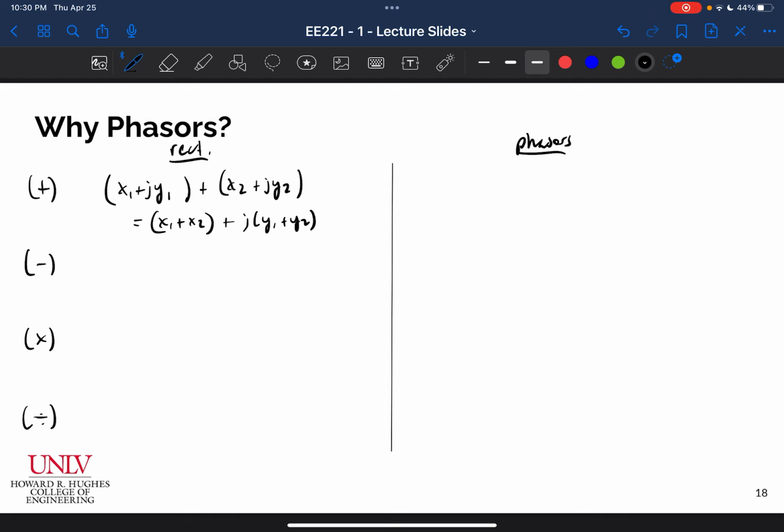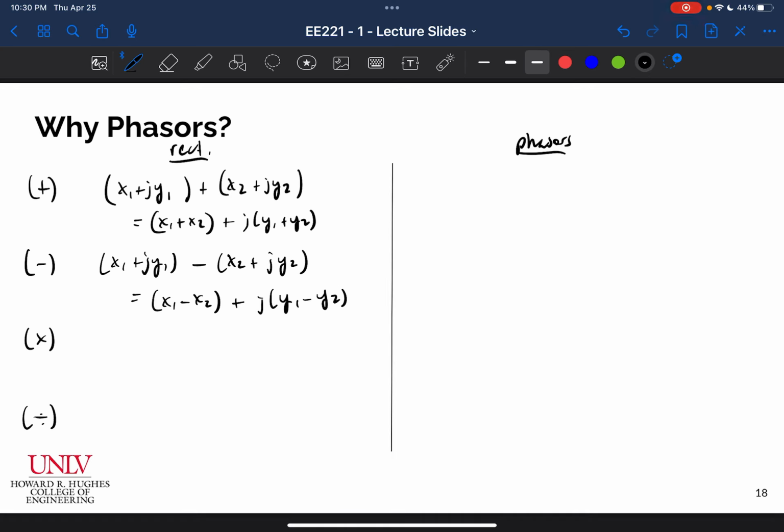Phasors are not super easy to add in phasor form, but they are super easy to add in rectangular form. Same with subtraction. x1 plus jy1 minus x2 plus jy2 is just equal to x1 minus x2 plus j(y1 minus y2), okay?